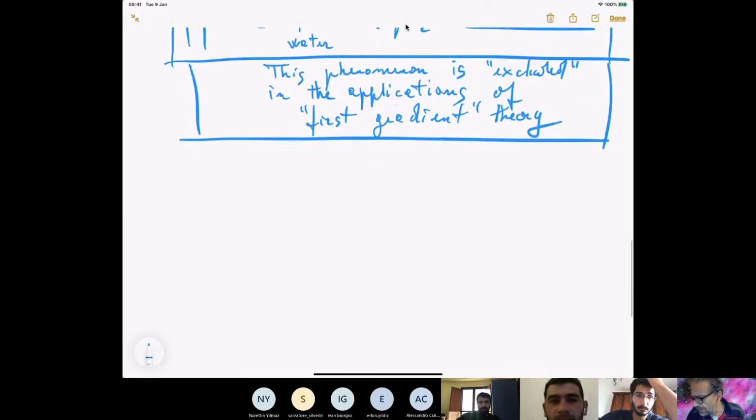However, the range of applicability of what we are discussing now is rather wide. So I think that the greatest part of engineering applications for the moment are based on this kind of continuum theory, which doesn't mean very much. Why?